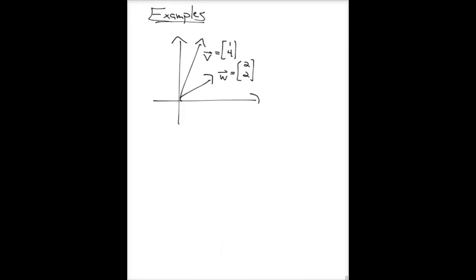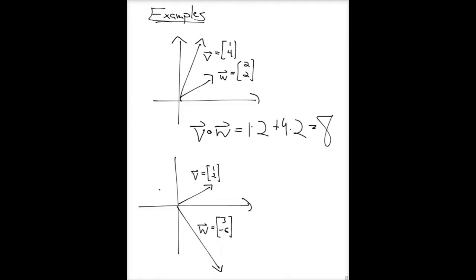Let's write down just a few examples. First example, V is a vector 1, 4, and W is a vector 2, 2 in R2. Then the dot product of V and W is 1 times 2 plus 4 times 2 equals 8. Second example, V is 1, 2, W is 3, negative 6.